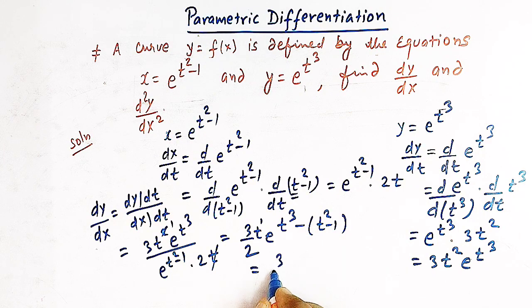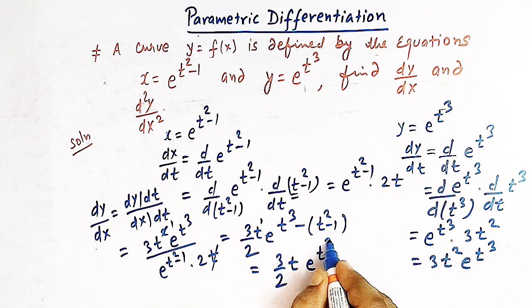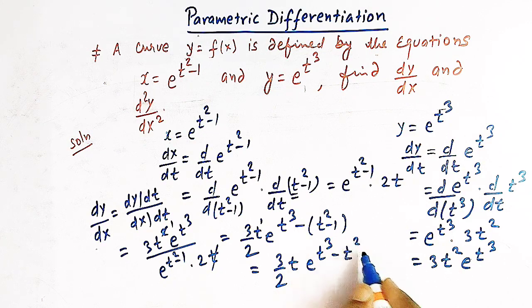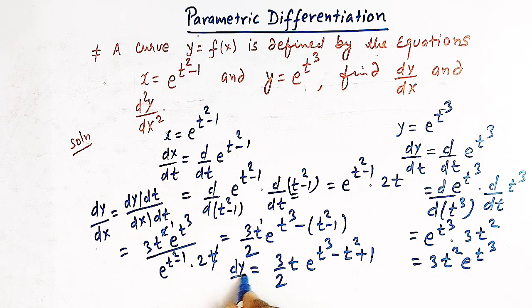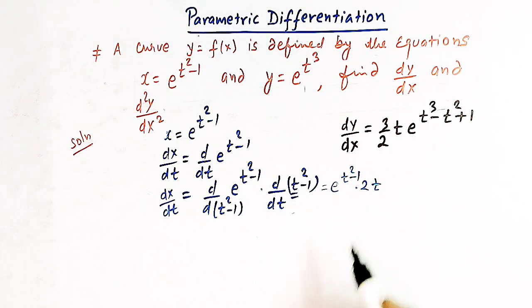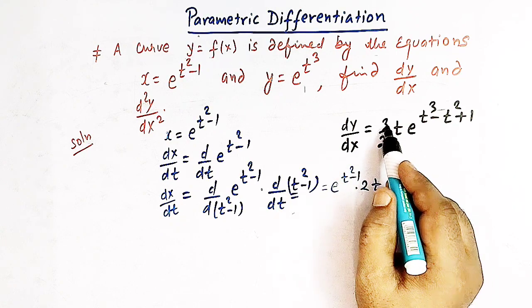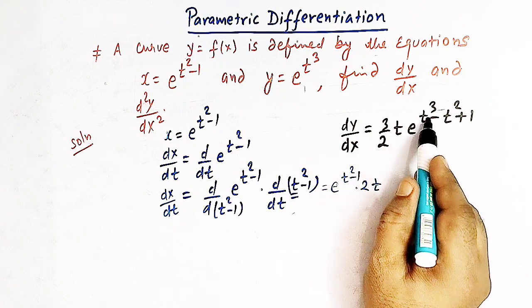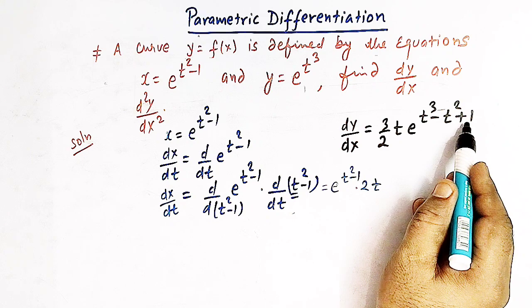So we have 3 by 2 t e raised to (t cube minus t square plus 1), right? So this is the expression for dy over dx. So now dy over dx is 3 by 2 t e raised to (t cube minus t square plus 1).